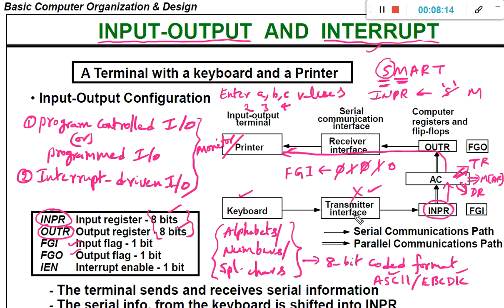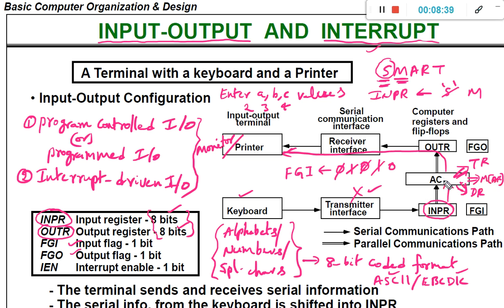So we are directly displaying the content on the monitor, as well as storing the content in memory locations: 2 into memory location address A, 3 into address B, and 4 into address C.